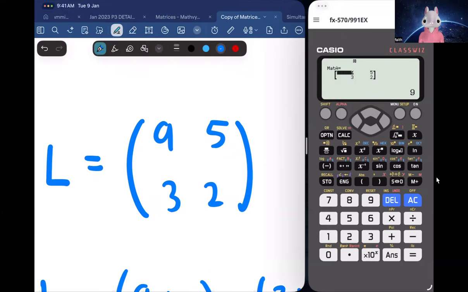All right. So you're supposed to press shift 4, right? And then press the option for mat A. Then you're just supposed to press x to the power minus 1 and then press equal.